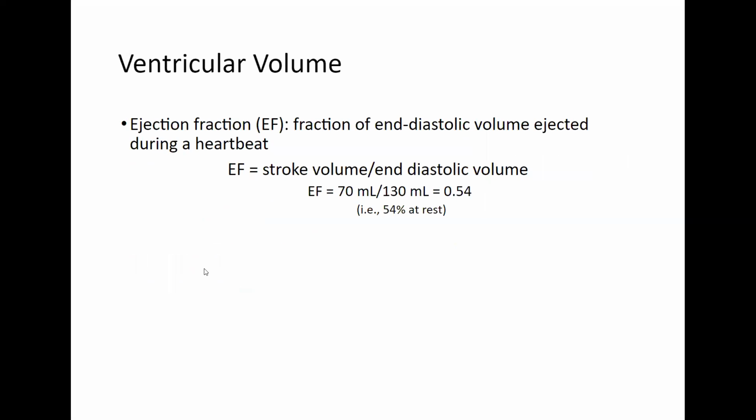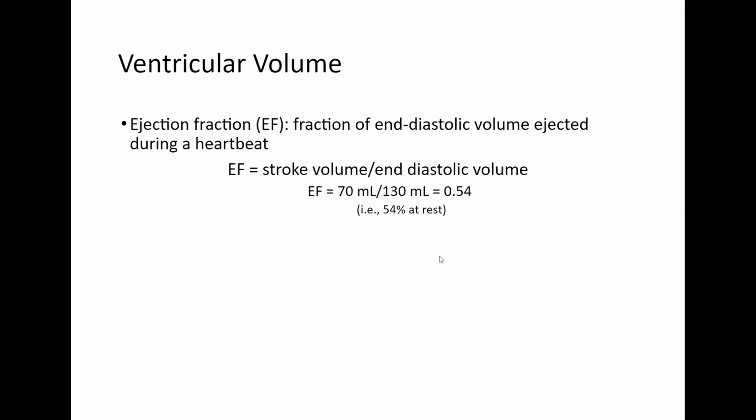We are also going to be interested in the ejection fraction. So the ejection fraction is basically like a percentage or a ratio. It's telling us how much of the blood that was in the heart got sent out to the body. So we're comparing that amount.